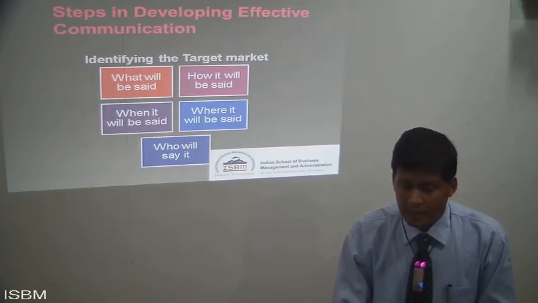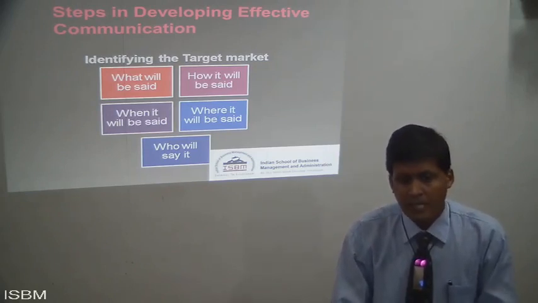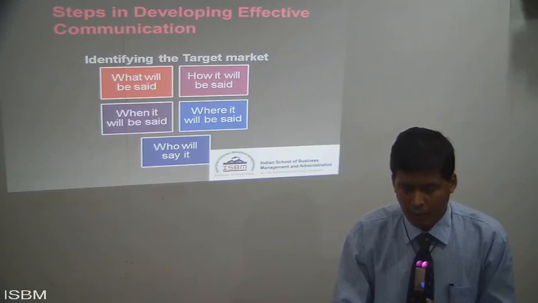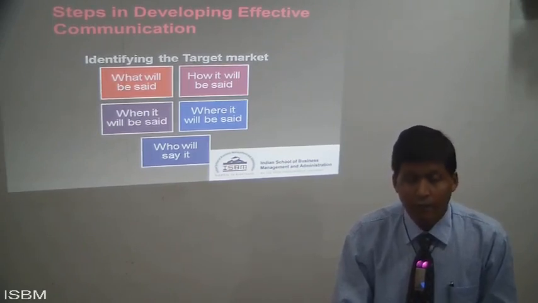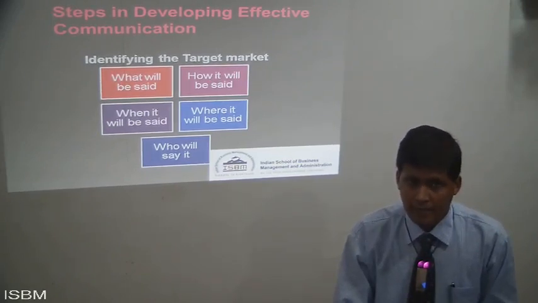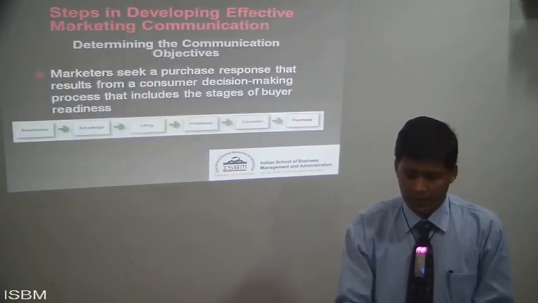Who will say it? So when we are looking at the steps involved, these five elements are important. Number one, what will be said. Two, how it will be said. Three, when it will be said. Four, where it will be said, and five, who will say it.